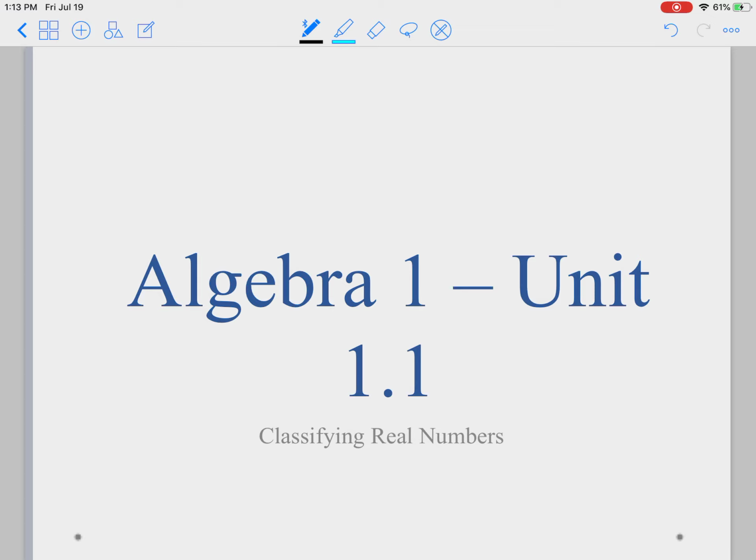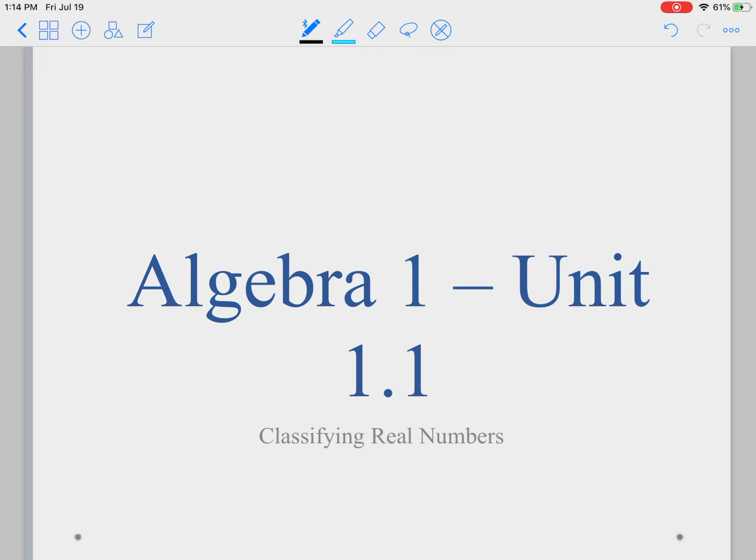The benefit of having a video is that you can go through and review at your own pace and work through all the examples and the content at your own pace. So please make sure that you use the pause and rewind button to make sure that you fully understand the content. Again, this is Unit 1.1, Classifying Real Numbers.